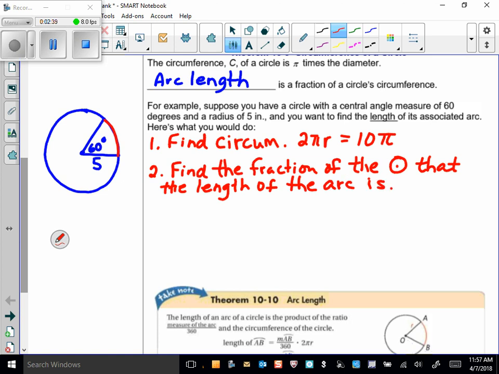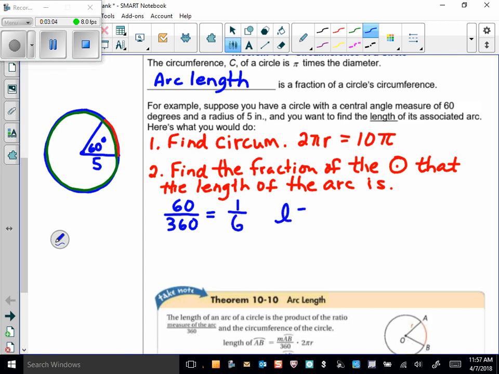So in other words, if the green is my total circumference, I can see that the red is a fraction of that. What fraction is it? Oh, well, it would be 60 degrees out of 360 degrees, right? And then I'd want to simplify that as 1/6.